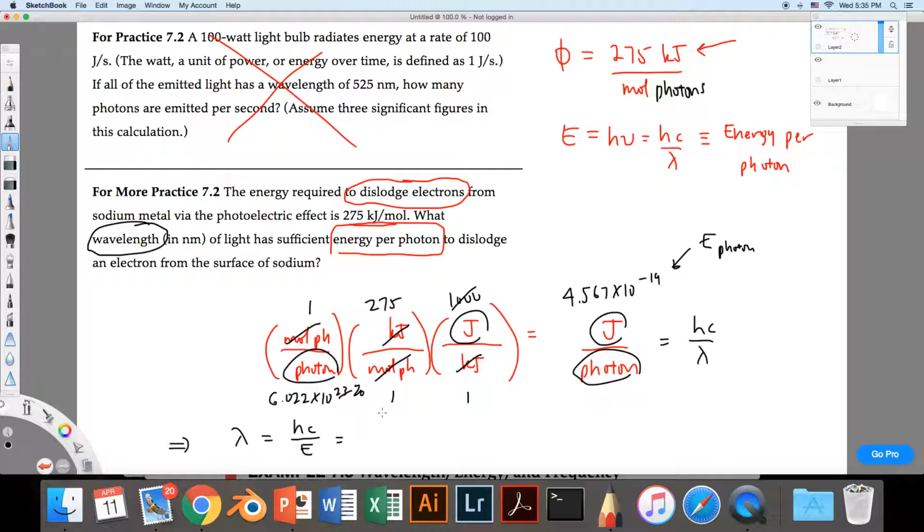Okay? So this then becomes 6.626 times 10 to the 23rd joule seconds times 3.00 times 10 to the 8th meters per second, right?